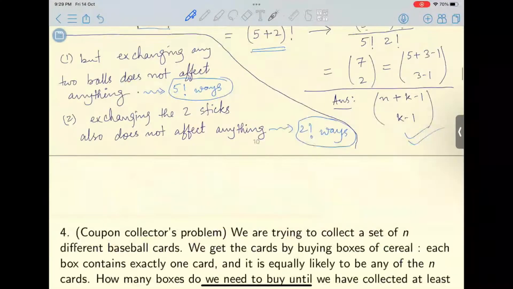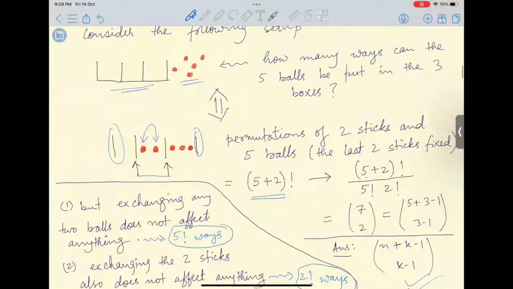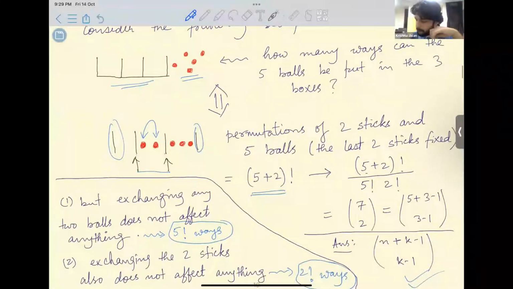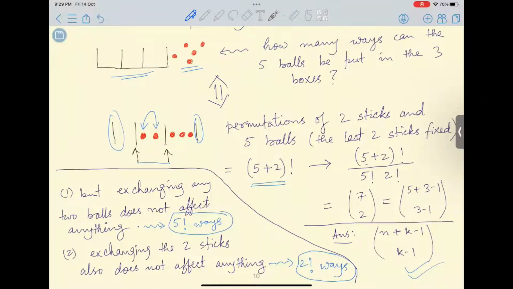Sir, in the example which you have given, doesn't it have a hint of probability here? What do you mean by probability exactly?